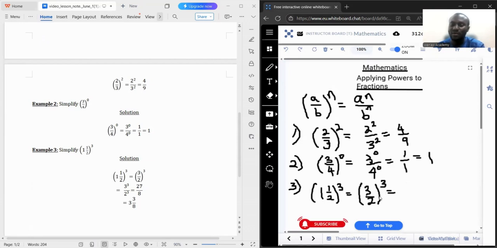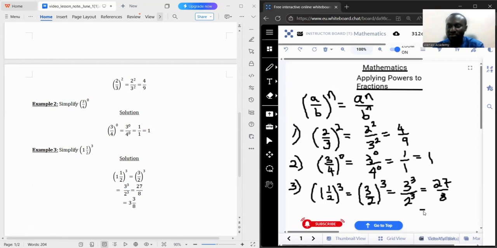That is, we apply power 3 to both numerator and the denominator. Therefore, this is 3 raised to power 3 over 2 raised to power 3. Now, 3 raised to power 3 is as good as 27, over 2 raised to power 3 is as good as 8.